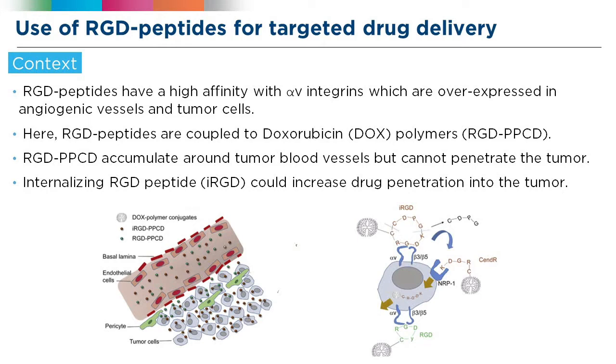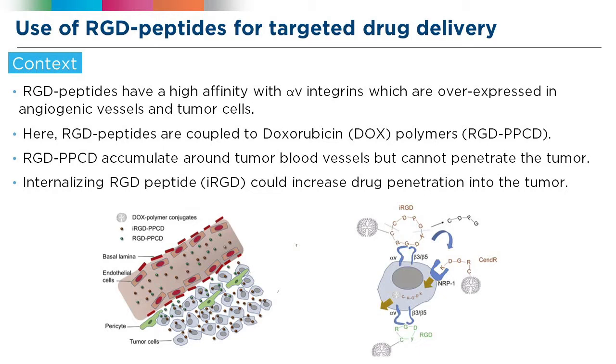So if you look at the drawing at the bottom, you see RGD PPCD, so the doxorubicin polymers in green, and you see that they accumulate around the blood vessels, but they cannot penetrate the tumor.